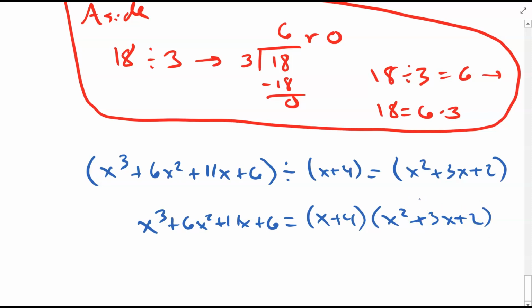Just like 18 divided by 3 equals 6 is the same thing as saying 18 is equal to 3 times 6.